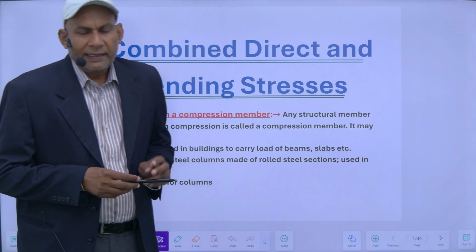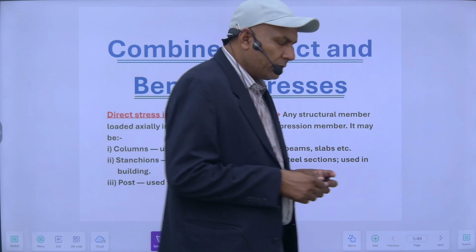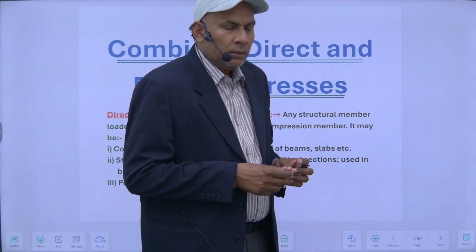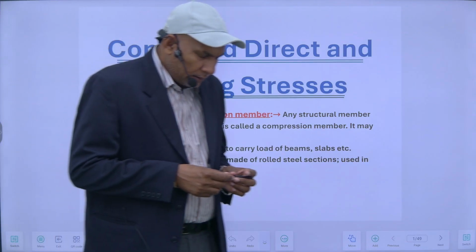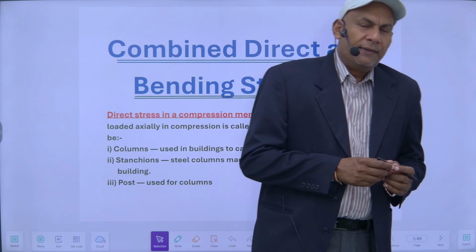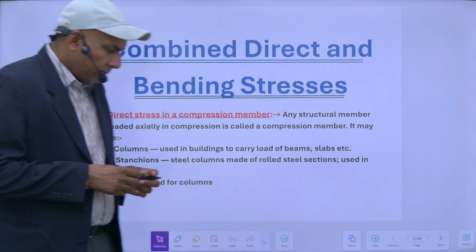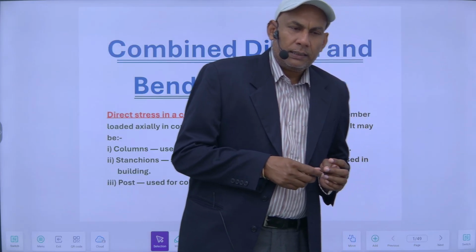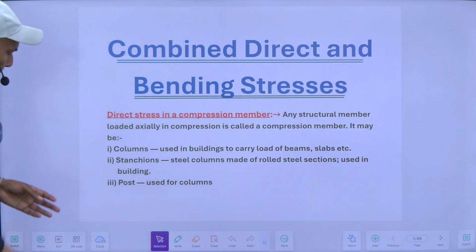This is a very important chapter, and its application will be used subsequently also in pre-stressed concrete, RCC, and steel design. Everywhere we have to be aware of how to calculate the direct and bending stresses when both act together. So let's concentrate on that and let's start.